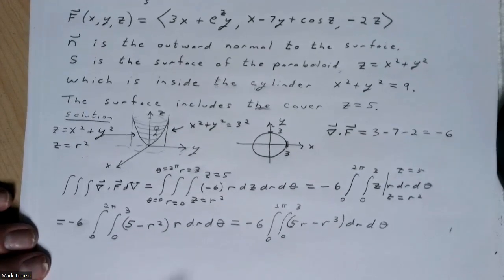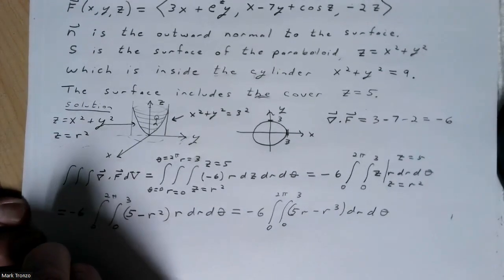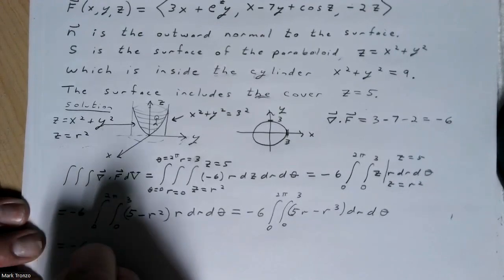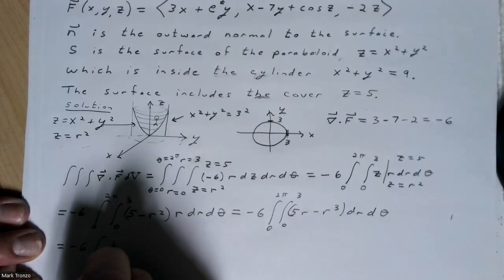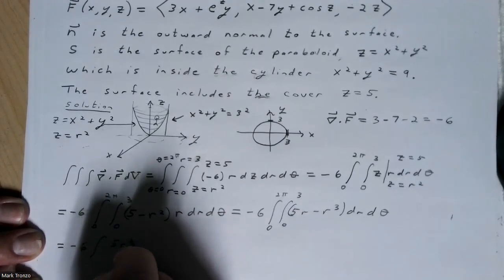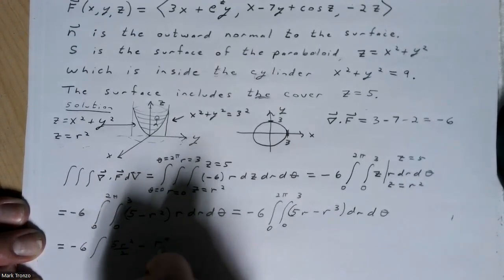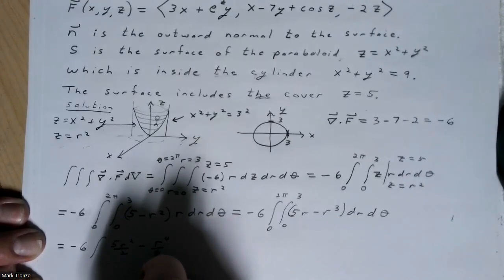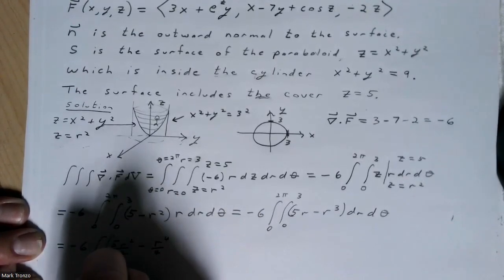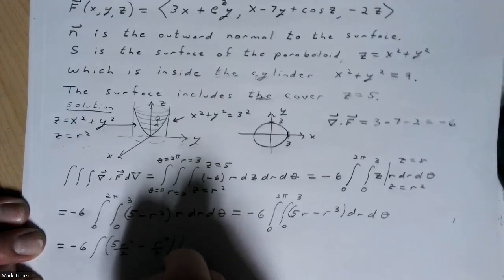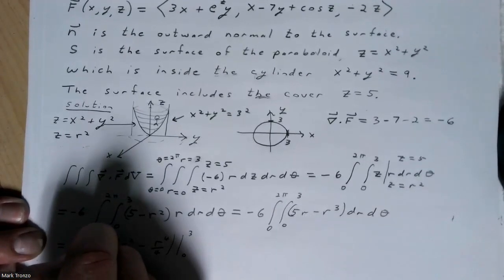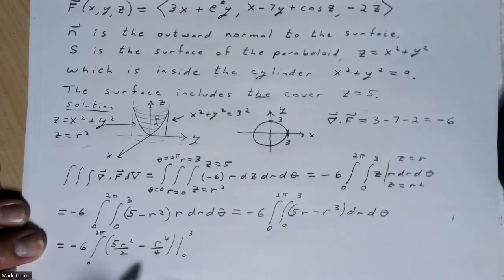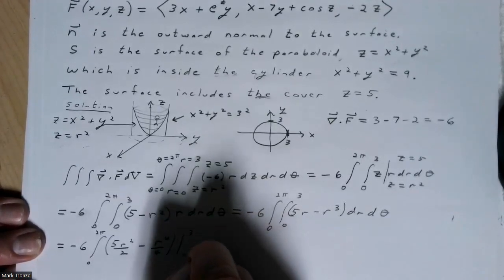Then integrate with respect to r. That'll give us 5 r squared over 2 minus r to the 4th over 4. Those will be evaluated from 0 to 3.